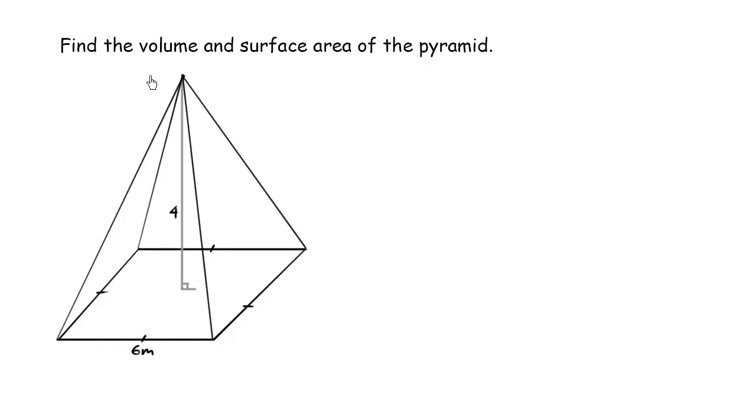Let's find the volume and surface area of this pyramid. One key thing to remember is that the volume, let's begin with the volume of the pyramid, is equal to 1/3 of the volume of a box.